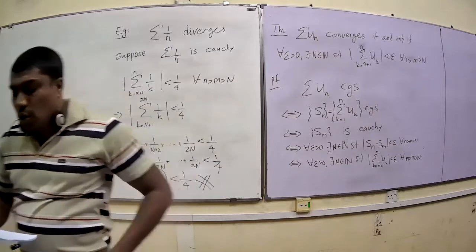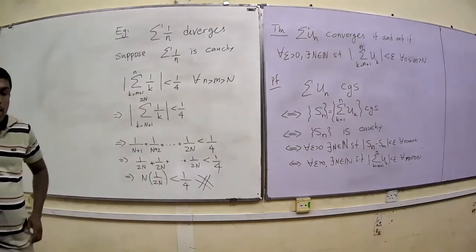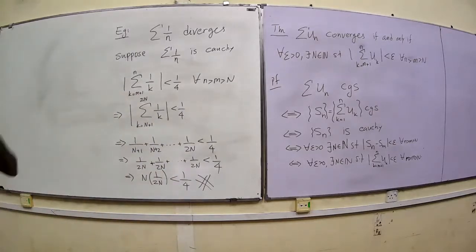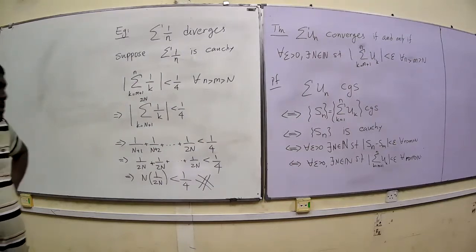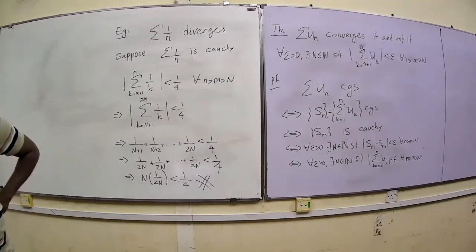And so this is how you use the Cauchy criterion to show convergence as well as divergence, right? So if the series is convergent, then it is Cauchy, and if the series is Cauchy, then it is convergent. Similar to the results we have for sequences.